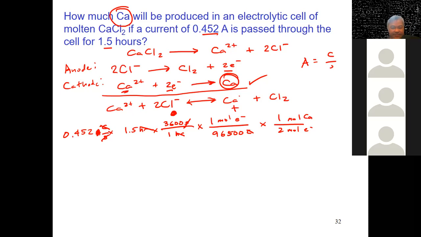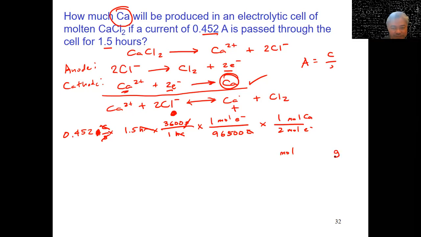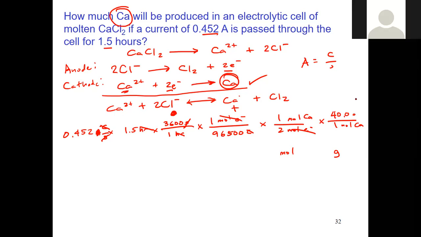We can end here wherein your unit is moles, but you can still continue with grams. So how are you going to convert the moles to grams? Because this one is canceled out. So you want, let's say, grams: for every 1 mole of calcium, you have how many grams of calcium? Is it 40 grams? Yes, sir. So if you're going to look at this, you can now get the answer in grams, and that is equal to what?